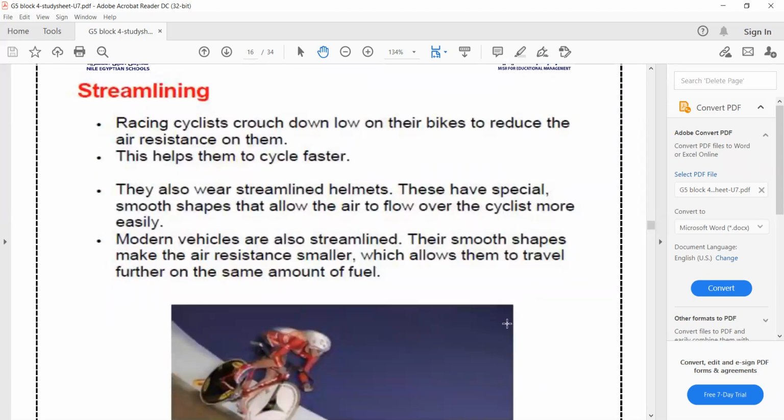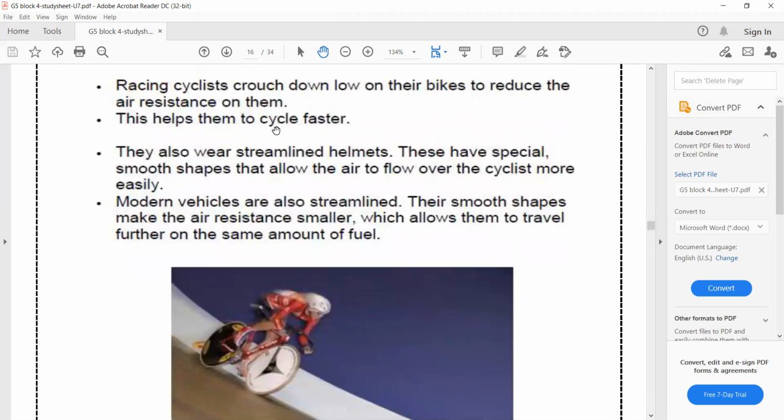The previous part leads us to this part, streamlining. Streamlined shape: racing cyclists crouch down low on their bikes to reduce the air resistance on them.